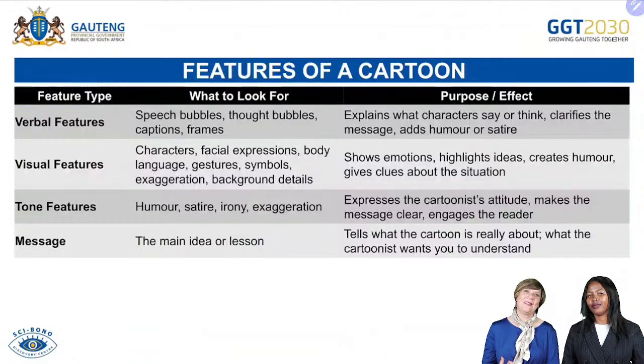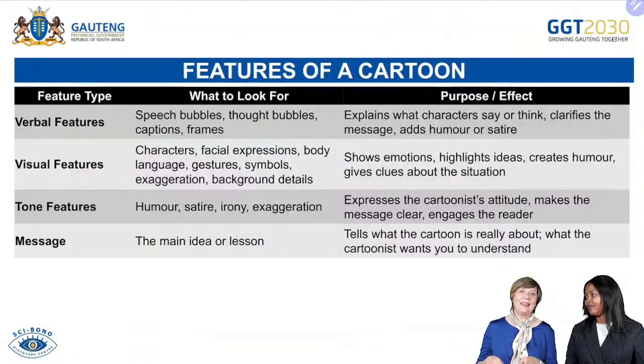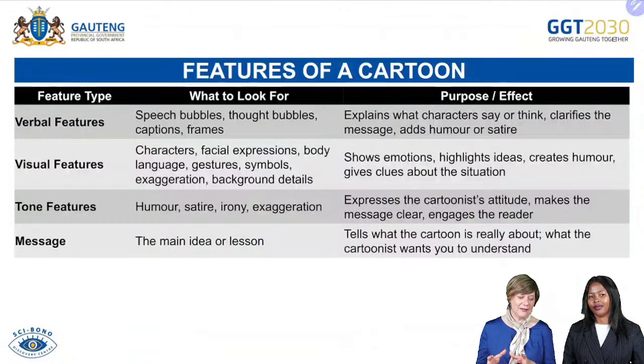The first one is what we call verbal features. In the exam, we can talk about verbal clues as well. This is anything to do with words: your speech bubbles, thought bubbles, captions, frames. This will show us exactly what the characters say or think, and that will help you figure out the message of the cartoon and why something is funny or not.